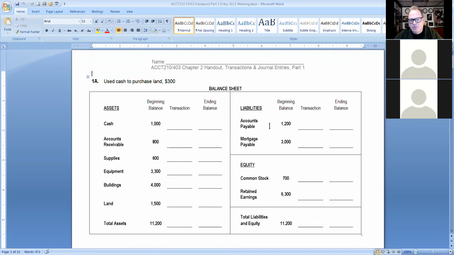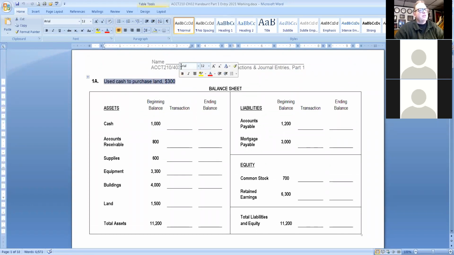It's just that the format's a little bit different, just so it's easier to fill in. All right. So you see, we get these transactions. We have our balance sheet set up, and we're going to see how each of these transactions affects the balance sheet.